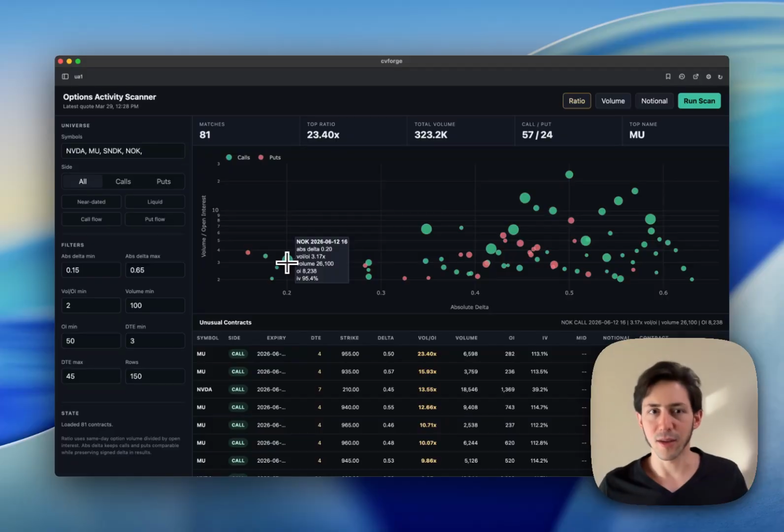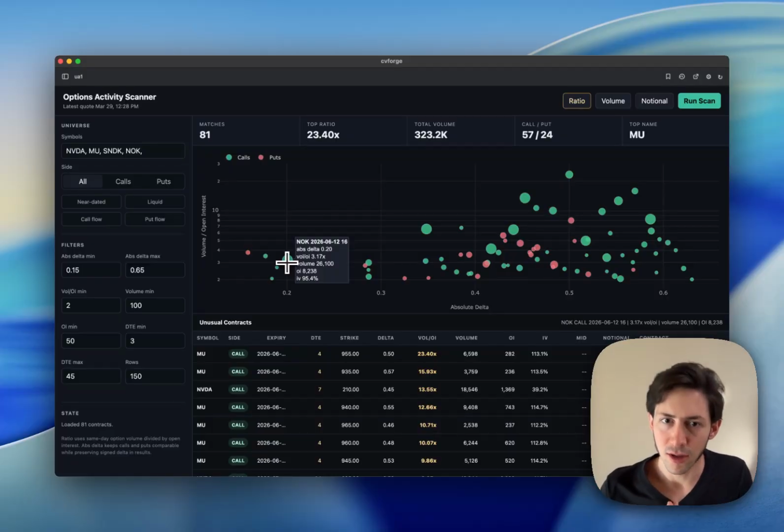so why is this something to take note of? It is an out of the money call, very near term. We're talking a couple of days from now for Friday's expiration, and very high volume, 26K volume. Open interest is just 8, very high IV, but that's normal for what we've been seeing on Nokia.